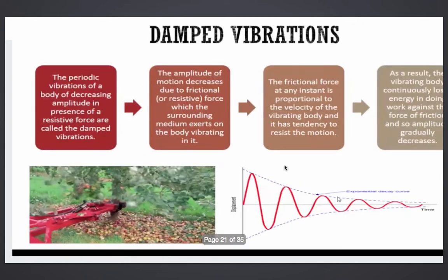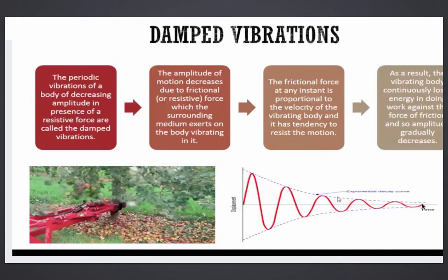And if I talk about this damped vibration, the body vibrates like this. Firstly, with maximum amplitude, it decreases slowly, gradually, and ultimately the vibrations cease, they stop, right? So that's what it is.